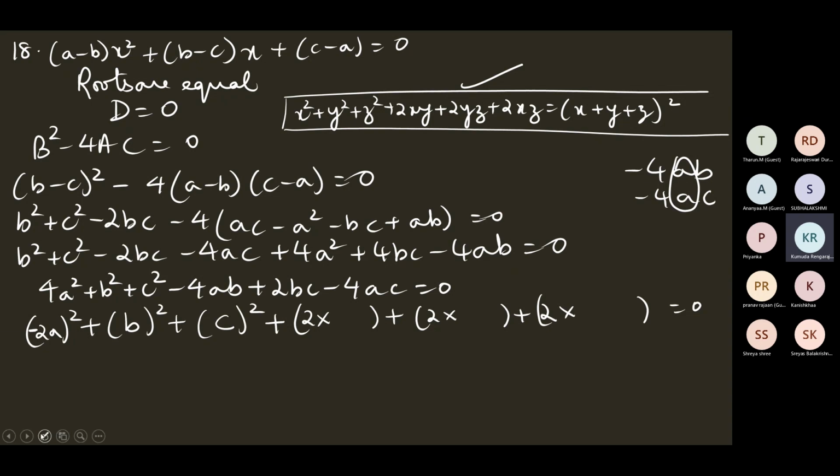Since 4ab and 4ac both are negative, and the algebraic factor common is a, fix a minus sign to that a term.